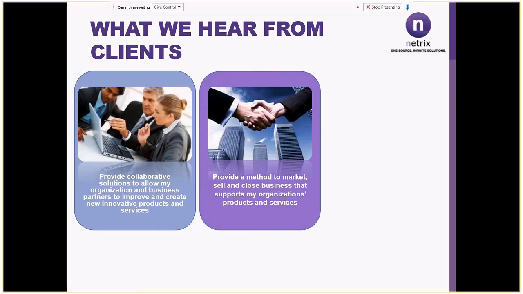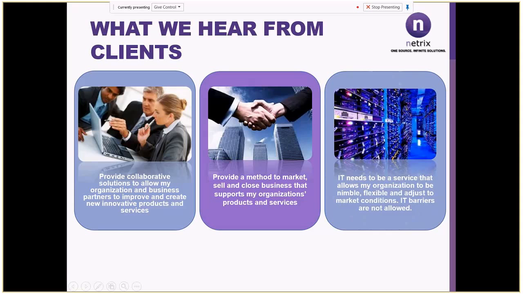So again, when we talk about these online services, one of the things we're trying to do is really enable the business. We want to make sure that IT is not a barrier to the success of the growth of the business, whether that business is taking a national spurt, similar to Netrix where we're growing and opening up offices. So how can we leverage some of these solutions to allow that to happen? One of the things we use online services for a lot is merger and acquisition activity.